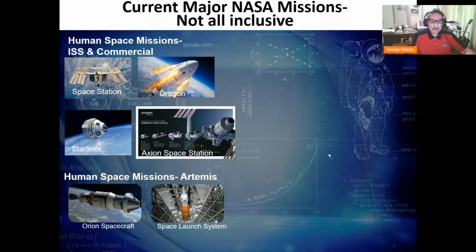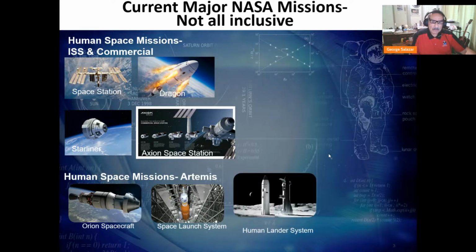And then the Space Launch System. I didn't work that, but it's part of Orion, obviously. It's the launcher system for launching the Orion spacecraft. And at the very end, the last 2.5 years, I worked on the lander system, working primarily with SpaceX and Blue Origin.